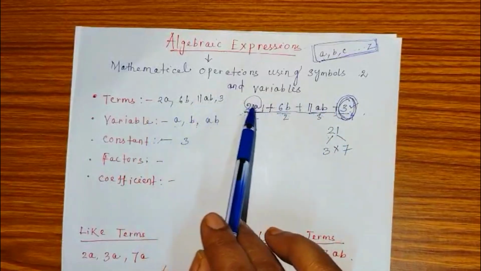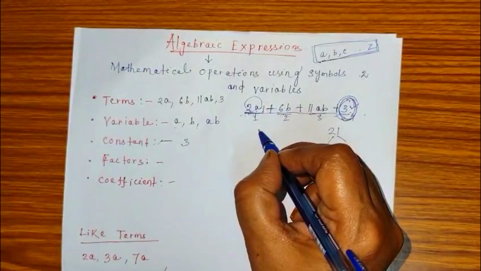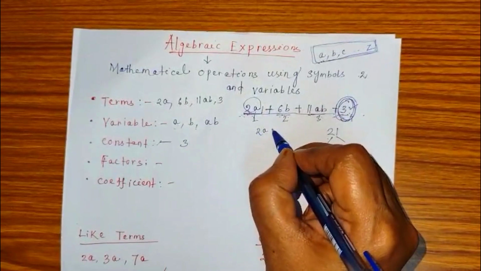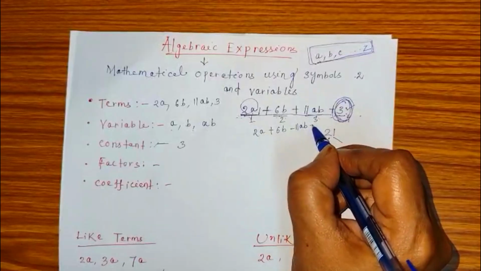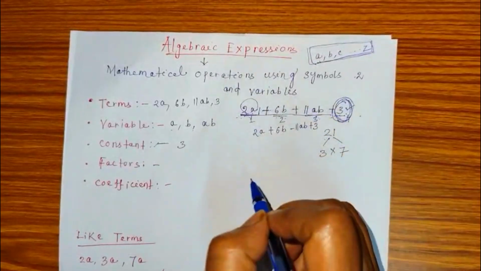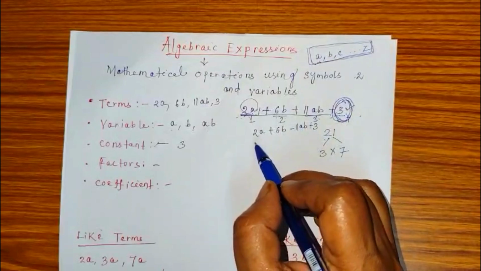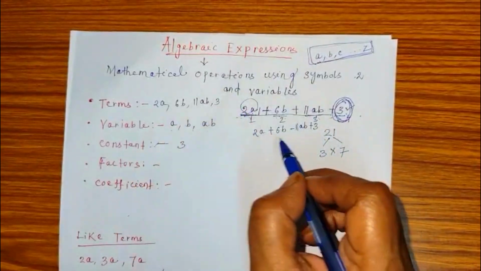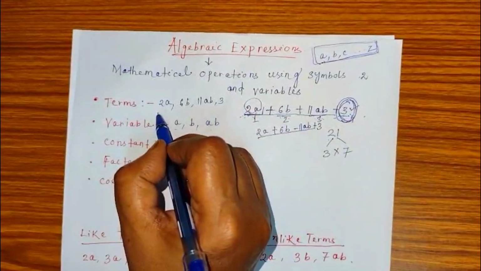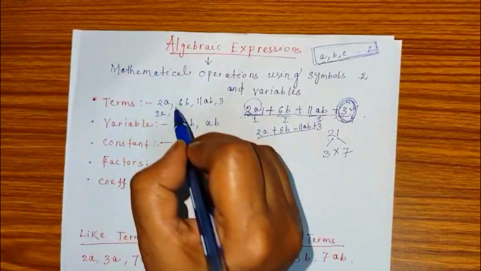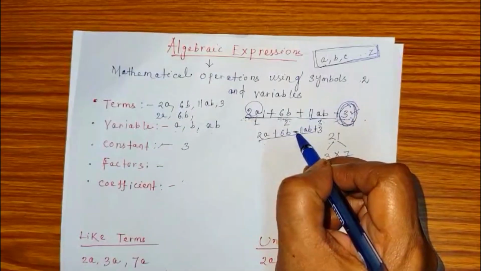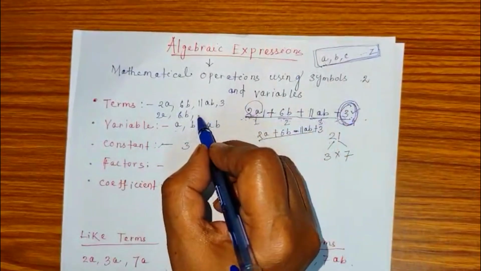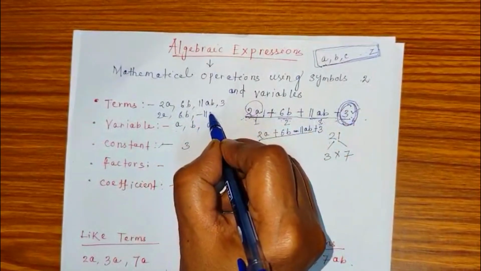And one thing I must tell: in 2a, 6b, 11ab plus 3, each one is a term. Suppose in this expression you have 2a plus 6b minus 11ab plus 3. If they ask you what are the terms, what do you have to write? 2a is a term, 6b is a term. Then if there is a minus symbol, you have to take it along with the minus, that is minus 11ab.